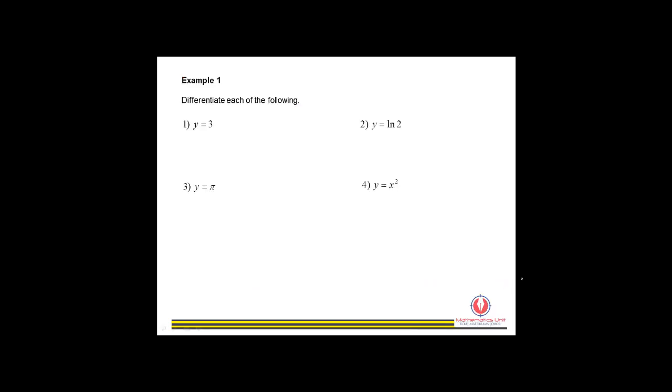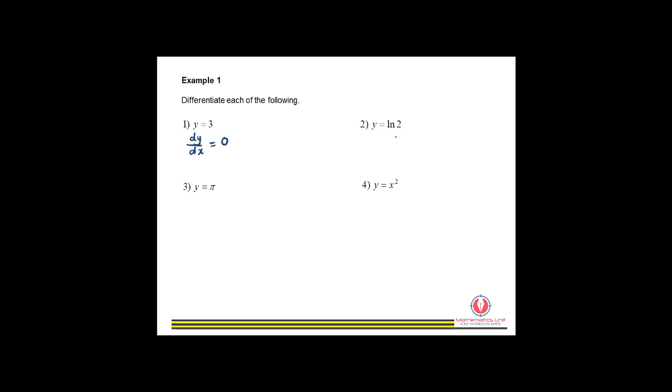Okay, let's do the example. So differentiate each of the following. Okay, the first one is y equal to 3. We differentiate dy over dx. Since 3 is a constant, so our dy over dx is equal to 0. Okay, the second one, y equal to ln 2.